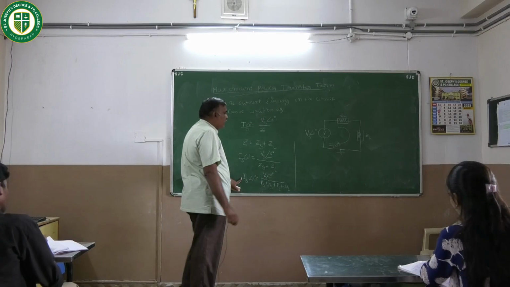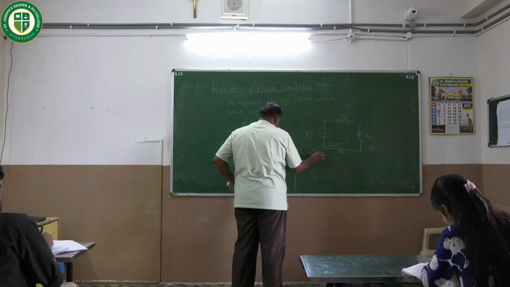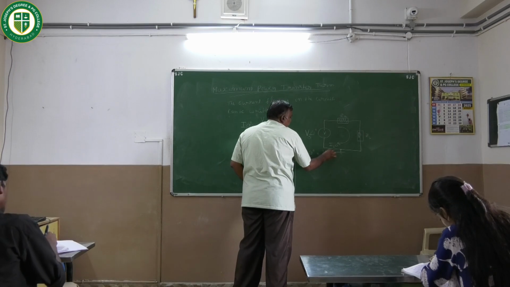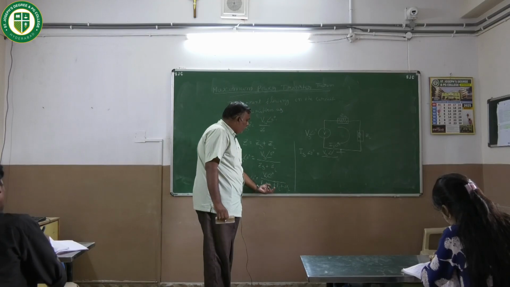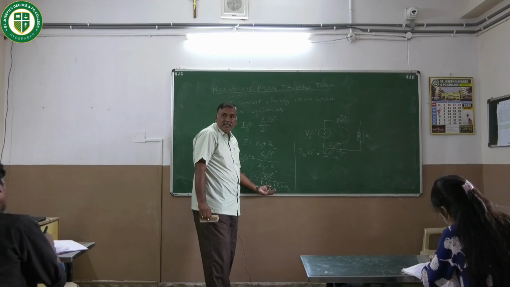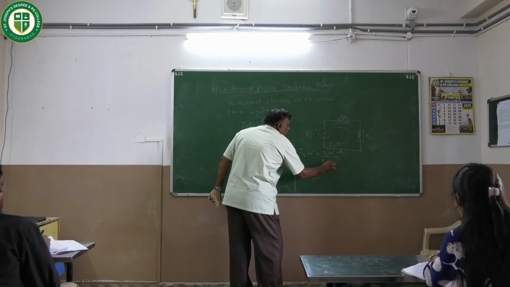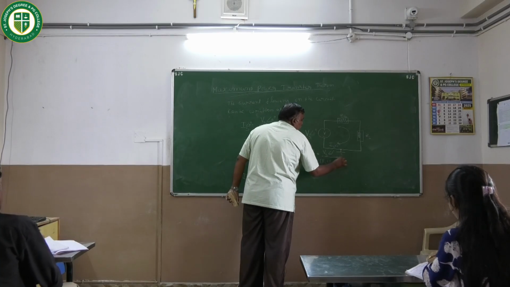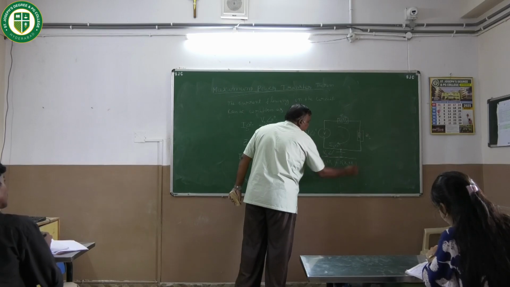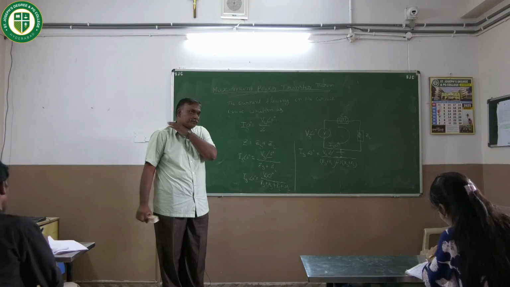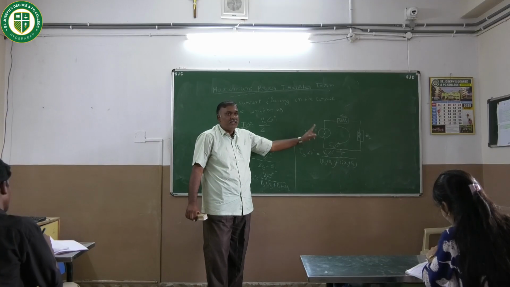Now I can write my expression as Is angle of 0 degrees equal to Vs angle of 0 degrees by, writing the denominator in terms of a real part and an imaginary part, Rs plus RL plus j into Xs plus XL. Is it clear?